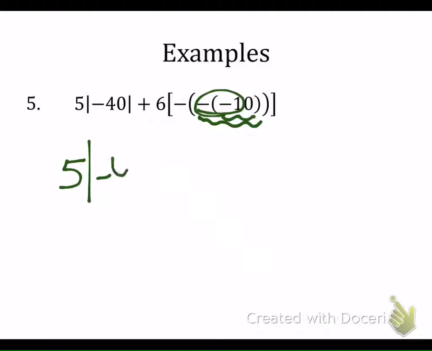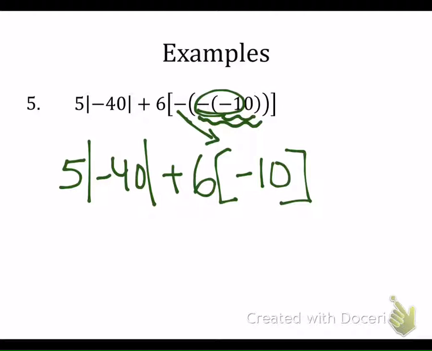So I still have this guy, still have this, still have this. Open a bracket. This negative sign is still there. These two have become a positive, leaving me with a 10. Okay? So 3 negative signs. You can get rid of 2 of them. Now we just have 1 negative. All right?